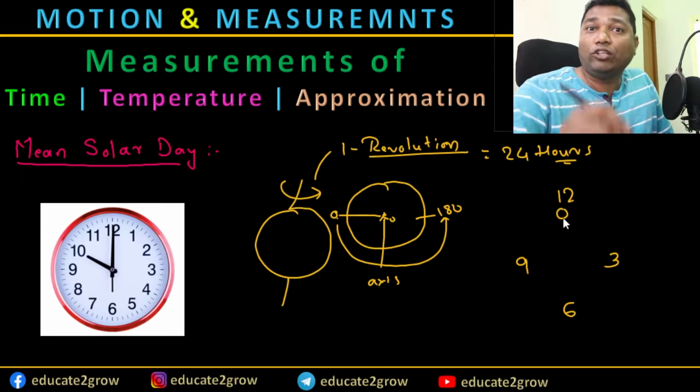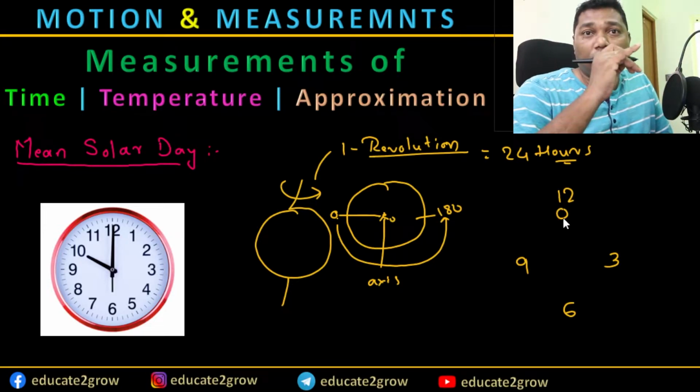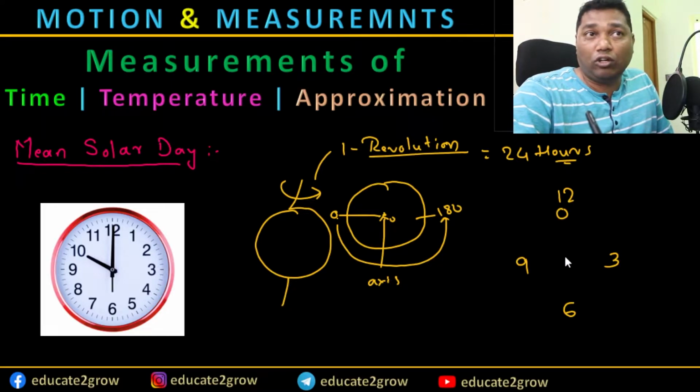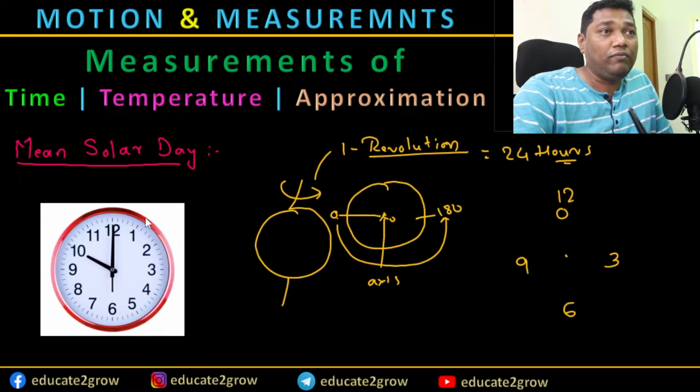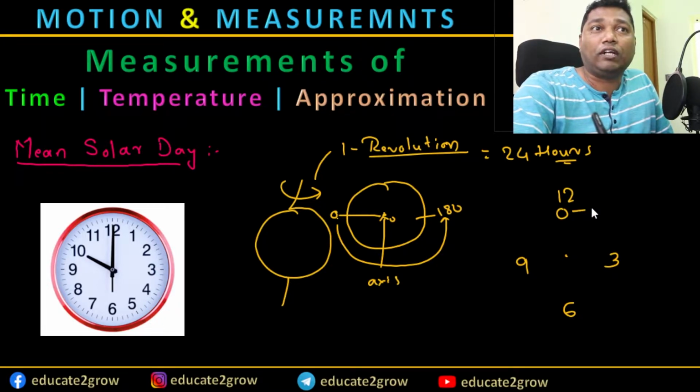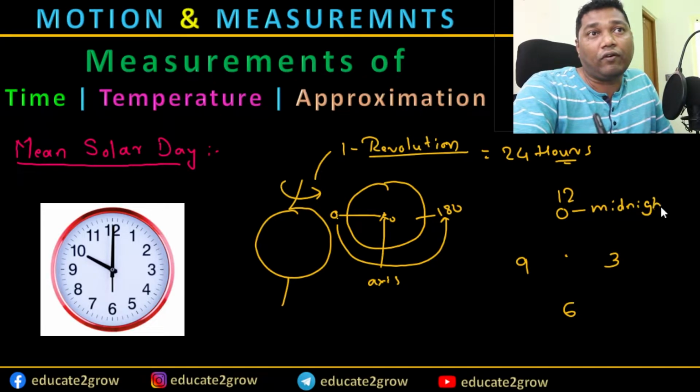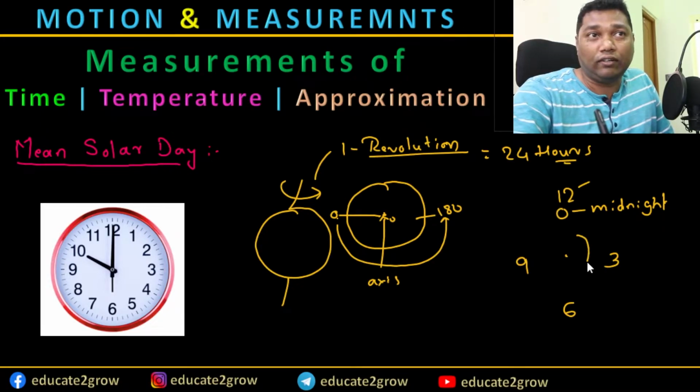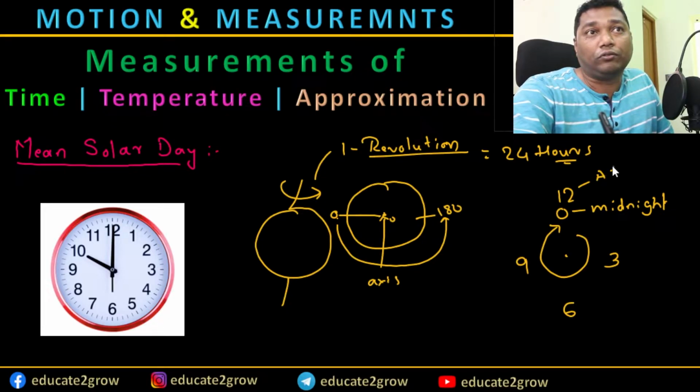So 0 and 12 are part of the same numbering convention. On the clock you see here the 1, and the 0 always starts at midnight and ends in the afternoon, at the end of one circle.